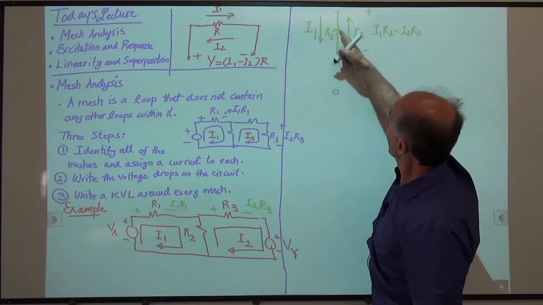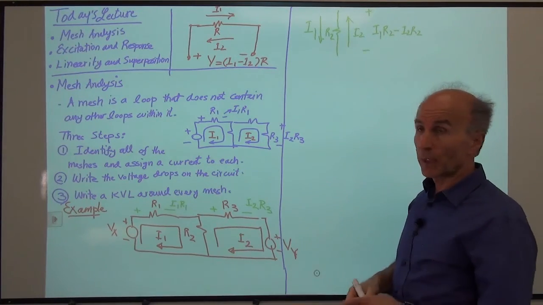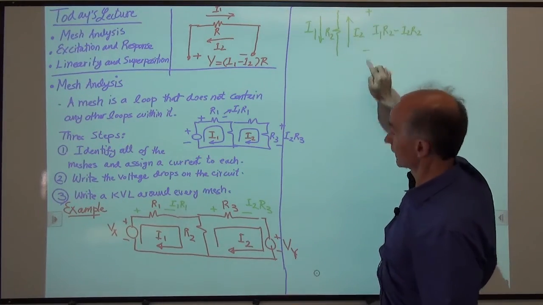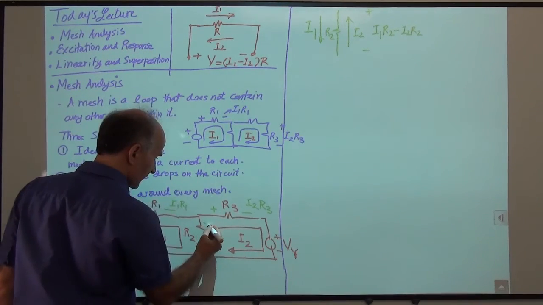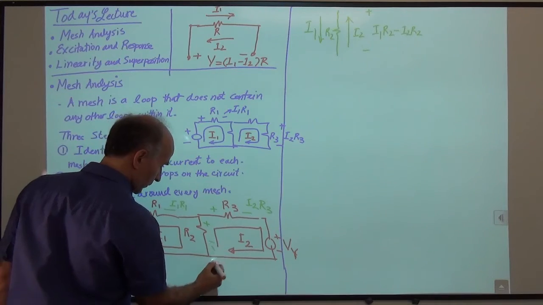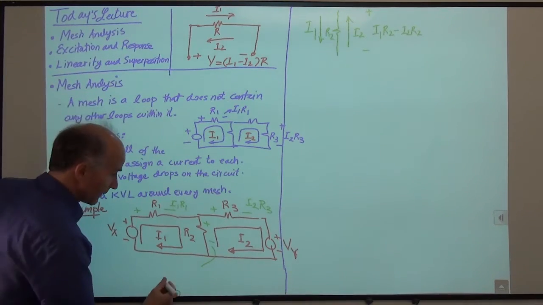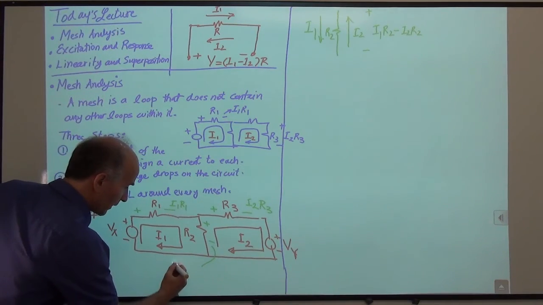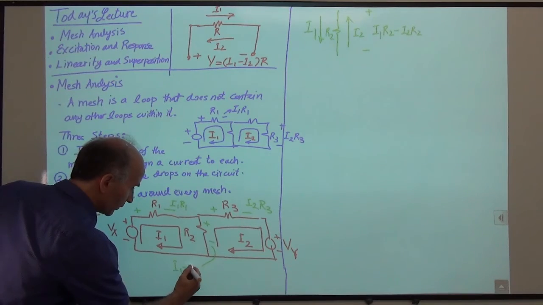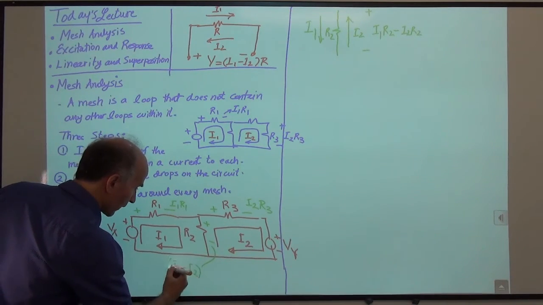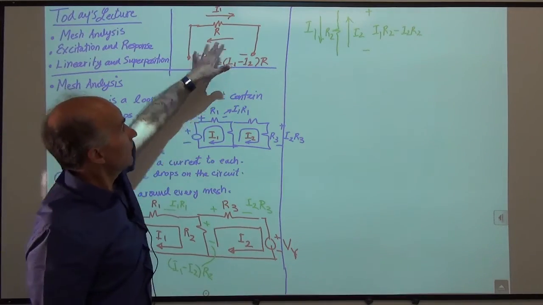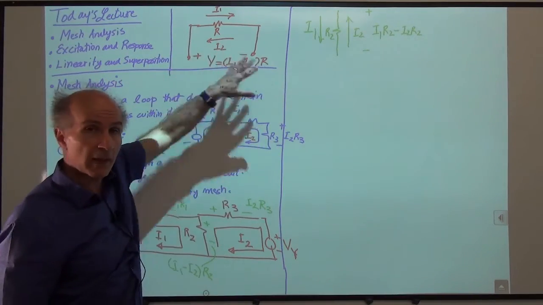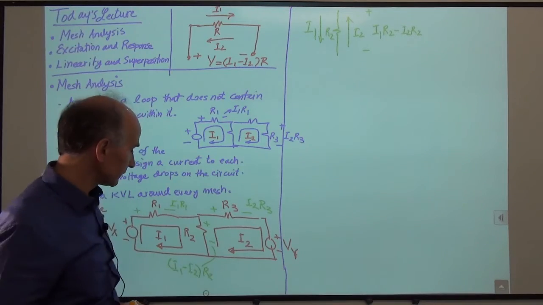This is the voltage drop across this resistor with this sign, positive, negative. So we're going to write that here. I don't have room in the schematic, but I'll just put a little note here that this voltage drop is equal to I1 minus I2 times R2. And again, if you rotate this by 90 degrees, you can see the similarity between the two.